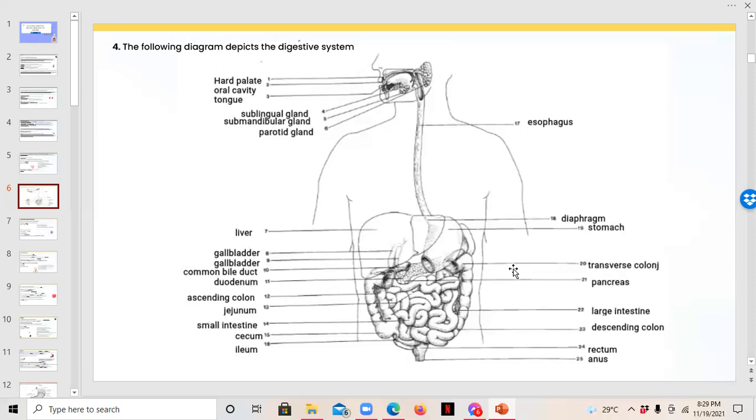Number 22, descending colon is the part of the large intestine from the splenic flexure to the beginning of the sigmoid colon. Number 23, rectum is a chamber that begins at the end of the large intestine. And lastly, number 24, anus is the opening of the rectum through which stool passes out of your body.